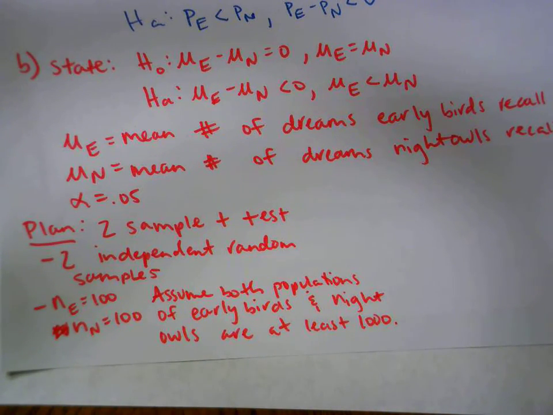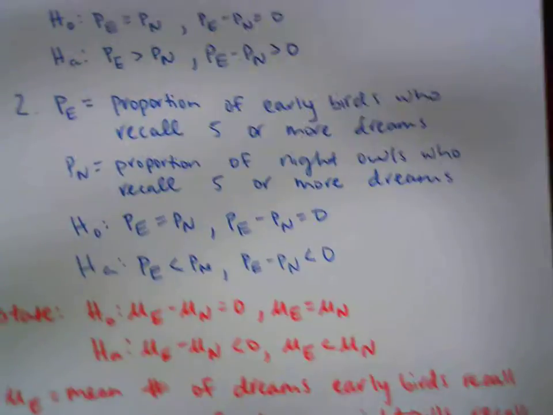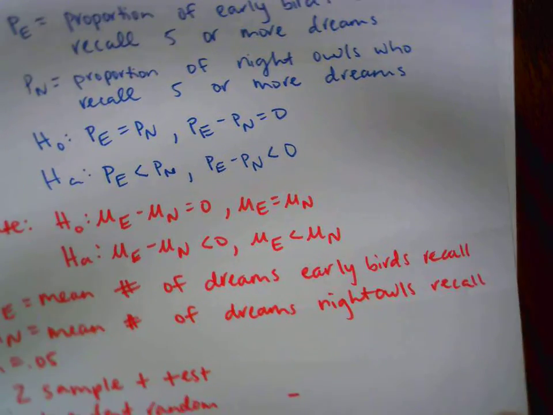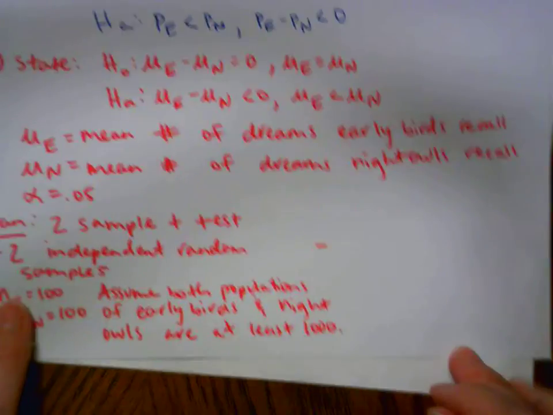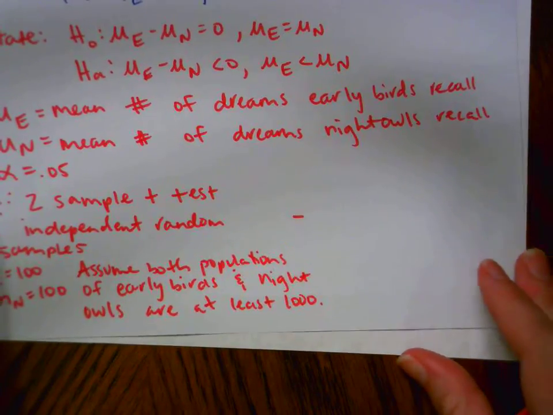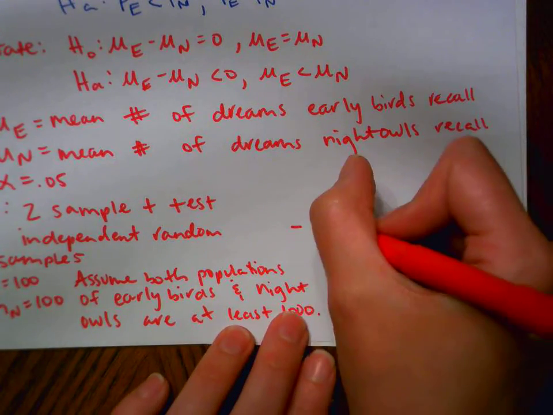And then we need to check if it's normal. It doesn't say anything about normality, so we need to check the central limit theorem. Because our sample sizes were both 100, we know they're greater than 30, so the central limit theorem applies.